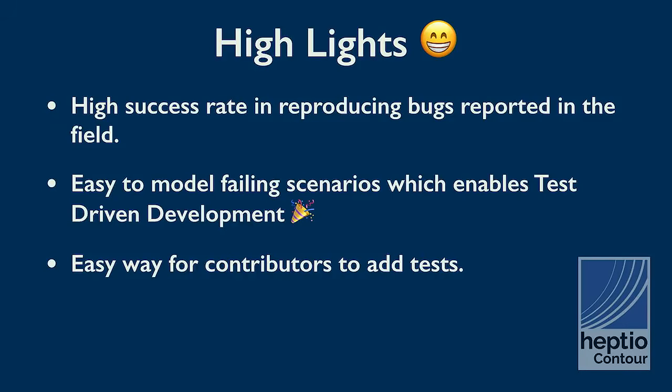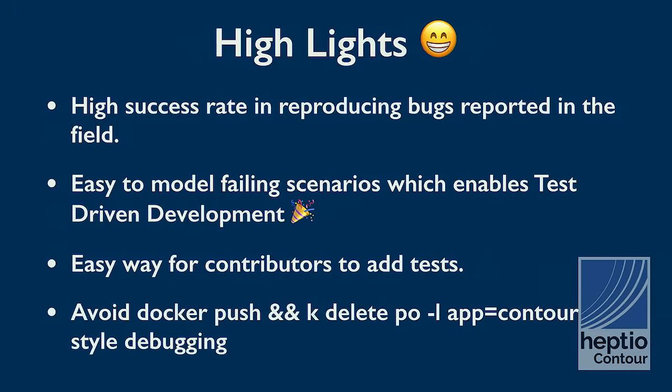And this helps them add the level of testing that you would expect when someone rolls up with a feature to your project. And finally, it certainly doesn't eliminate it completely, but it does avoid this Docker push and delete style of debugging, which, from experience, once you get down to that level, you are looking at a day's worth of work. You're just moving things incrementally, feeling your way with a 5-minute latency.